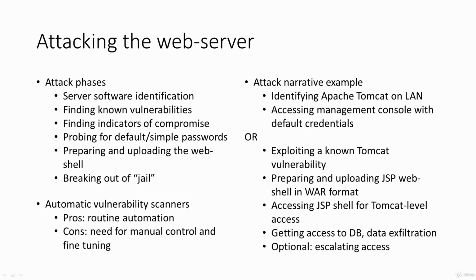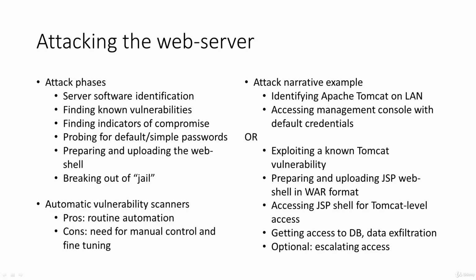So what happens? You just get into the LAN, whether it's an external engagement and you already have some persistence in the LAN, or you just have this internal penetration test going on. So you find a web application that is presumably on Java, on some Java Server Pages extension or something.